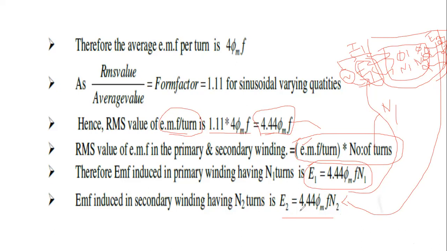E2 is the EMF induced in the secondary winding and E1 is the EMF induced in the primary winding. These are the formulas obtained in the case of a transformer: this is the primary induced EMF and this is the secondary induced EMF.